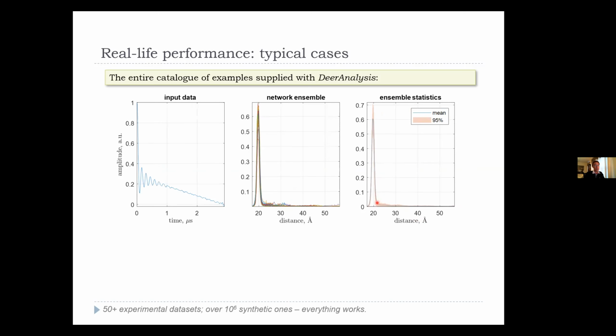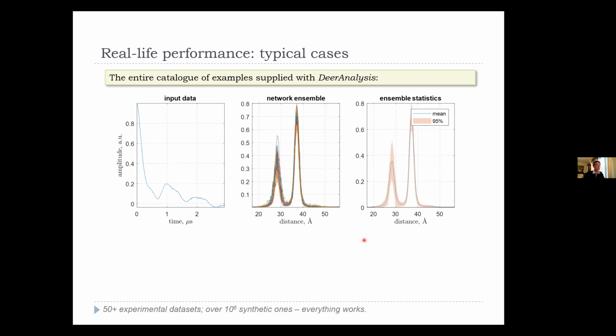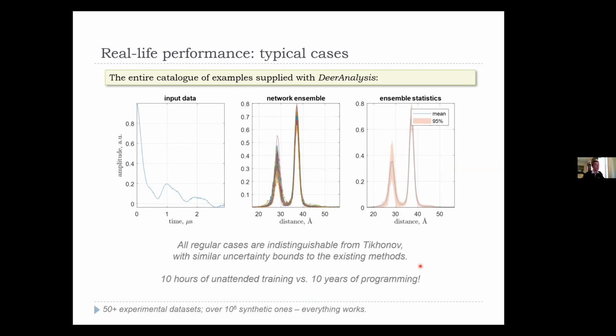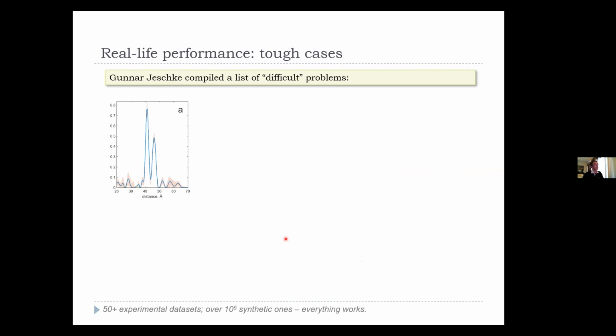Really narrow distributions at short range, sharp bimodal. In all cases, we got answers that were indistinguishable from the answers that Gunnar gave us based on his best effort in DEER analysis. So we are doing at least as well as a highly competent human. But that was 10 hours of unattended training versus 10 years of programming in the case of DEER analysis. So it went unusually well.